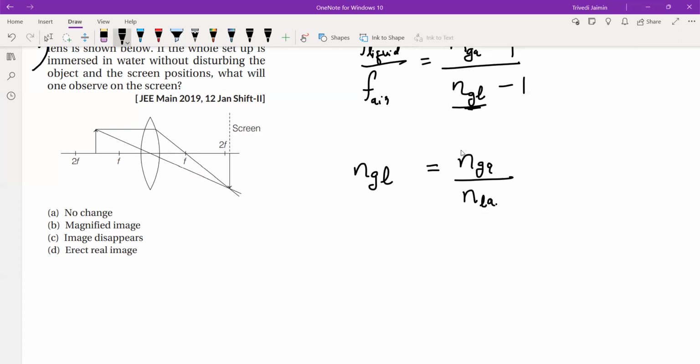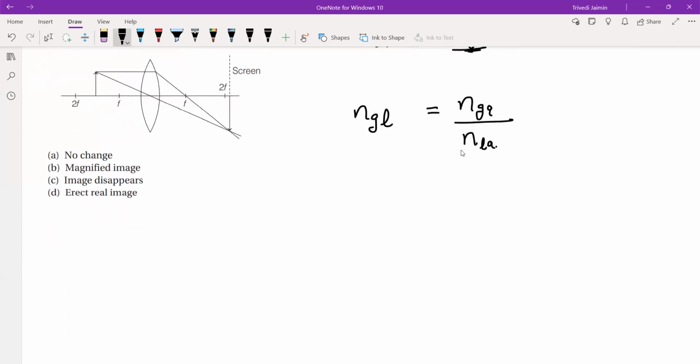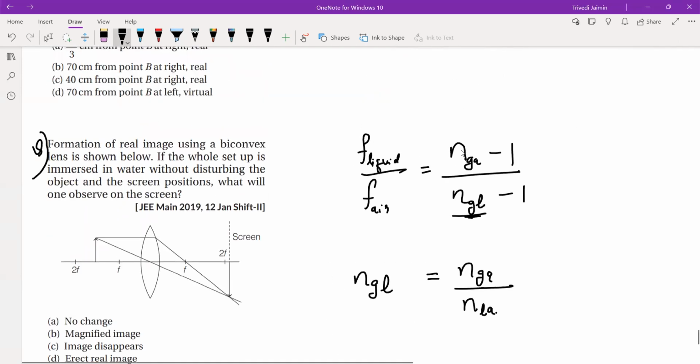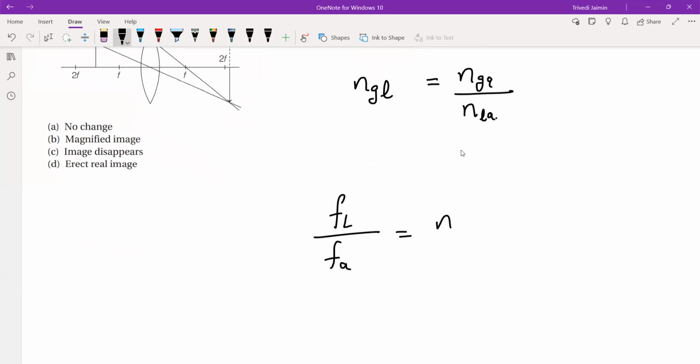So if we write this value there, F for liquid by F for air equals (n_GA minus 1) by (n_GA by n_LA minus 1).